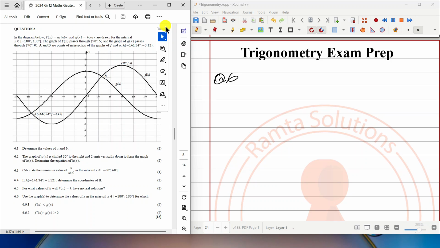The graph of f of x passes through 90 degrees and 5, and the graph of g of x passes through 90 and 0. Where is that?